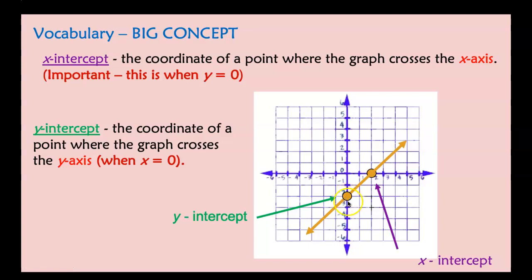And this only happens when x is 0. So take note, if you are looking for the x-intercept, that means y is 0. The other coordinate is 0. So if we are looking for the y-intercept, the other one, which is x, should be 0. Write this down in your notebook so that you will remember.